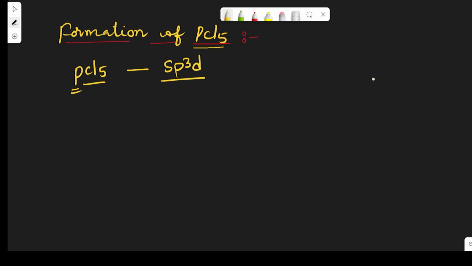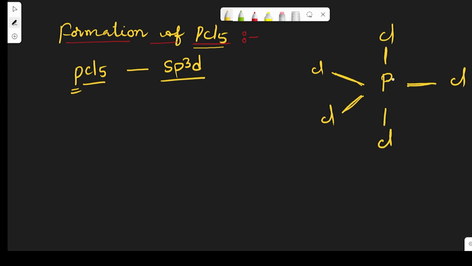It is making five bonds with the chlorine atoms. So this is the PCl5 structure. Phosphorus is the central atom, making five covalent sigma bonds, single covalent bonds, with the five chlorine atoms.